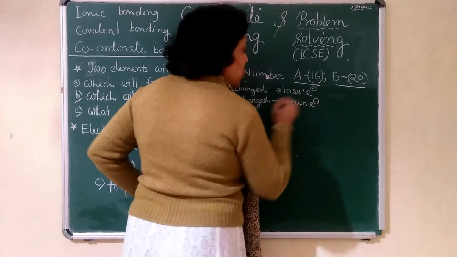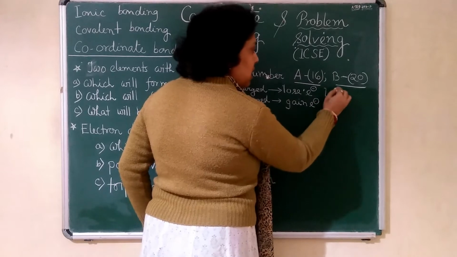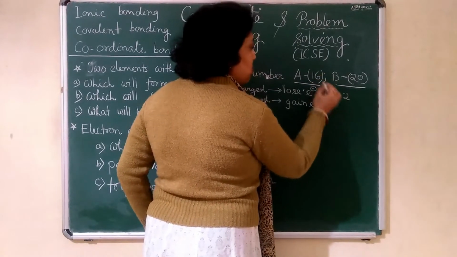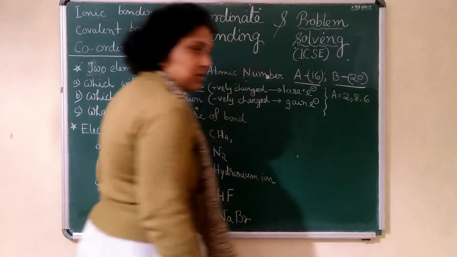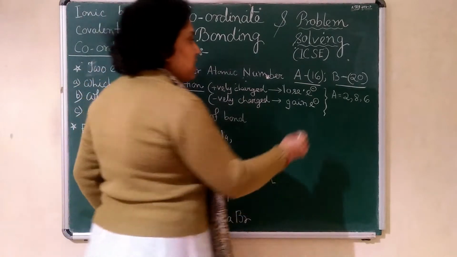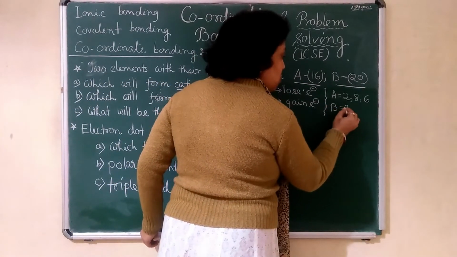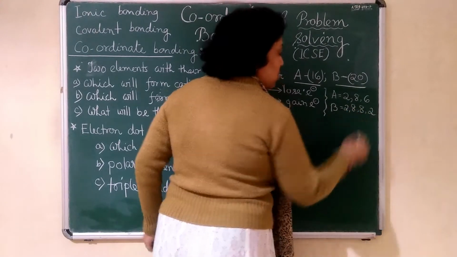Now solve this. What will A's electronic configuration be? 16 is the atomic number, so 2, 8, 6. And B is 20, so B's electronic configuration you write as 2, 8, 8, 2.